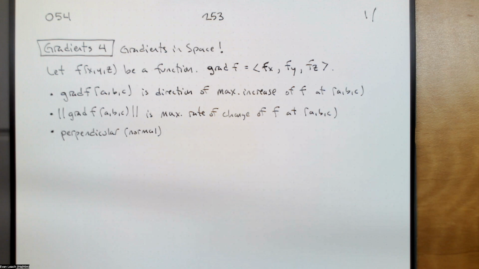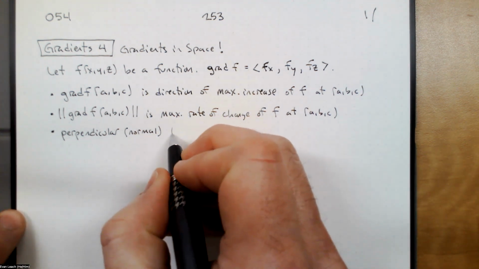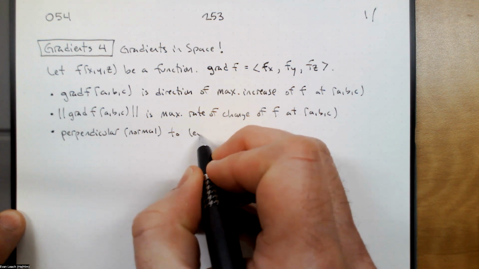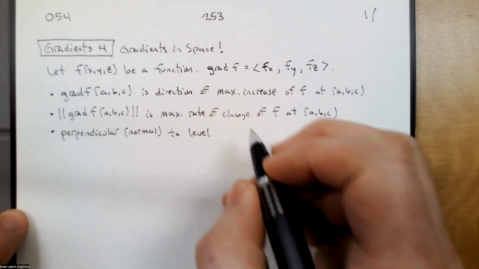But this is a function of three variables. So the gradient will be perpendicular or normal to the level, not curve, if I'm up 1 dimension, what am I going to call it? Level plane. Not plane, plane is always flat. Level surface.